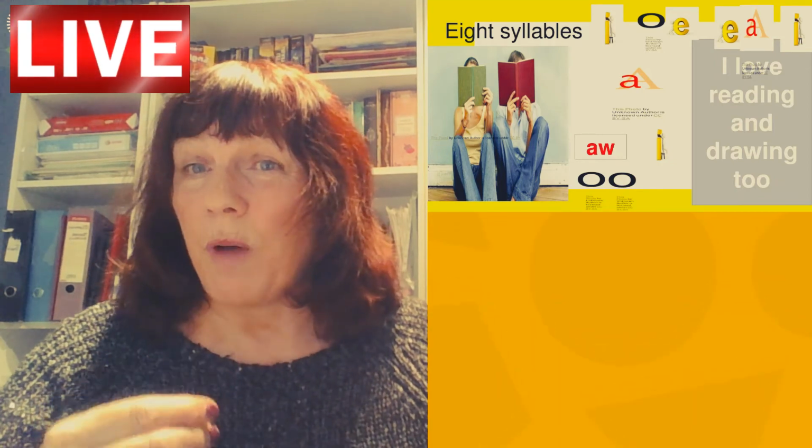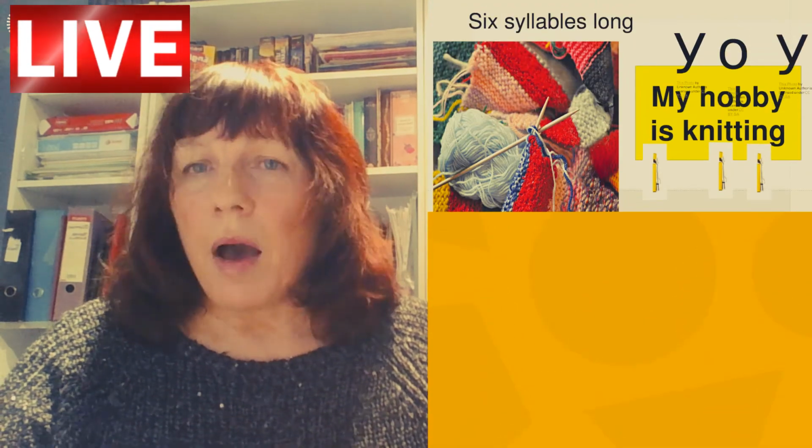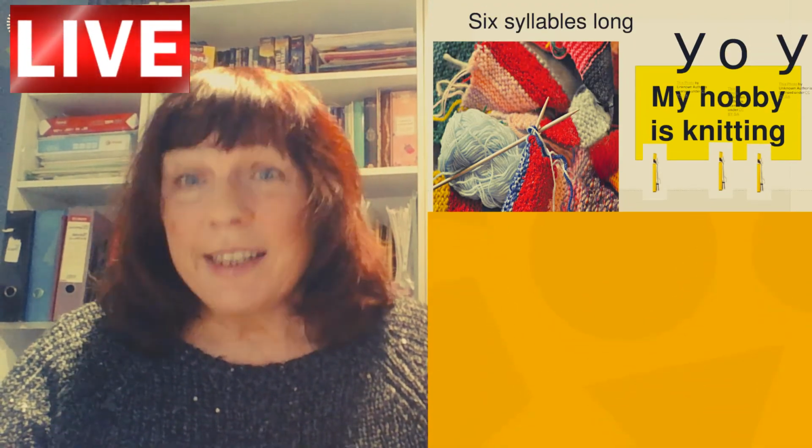So let's have a quick recap at our syllables. And I'm going to read the sentences out, and I want you to try and clap them. So I'm going to try and read it a little bit like a robot, because that's a good way of finding those syllables. I love reading and drawing too. My favourite food is fish. My hobby is knitting.